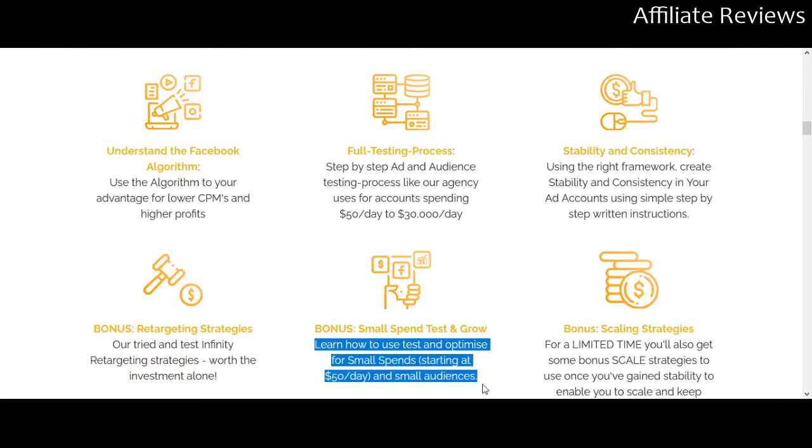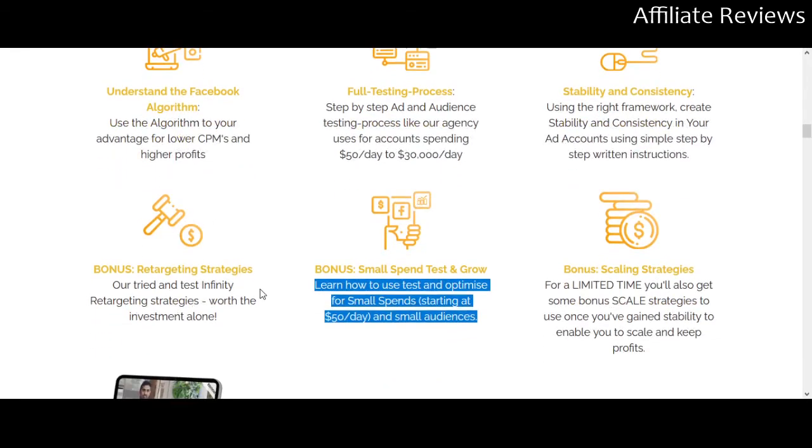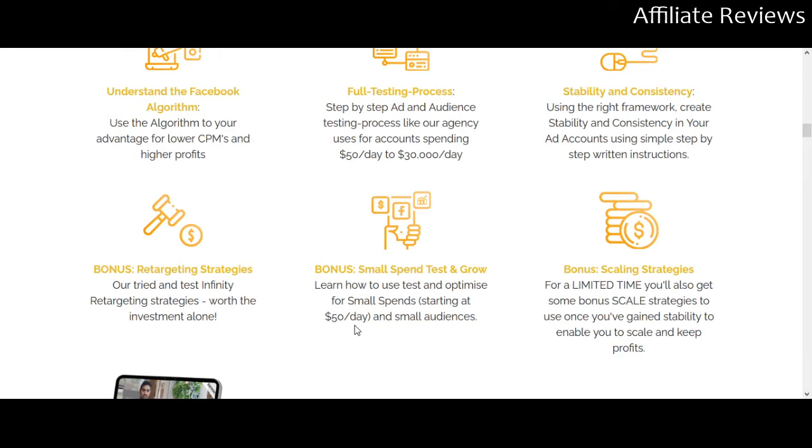I have read through this before, but I didn't memorize all of it, and I'm not really following notes. So this is a significantly smaller amount that you can spend and learn from. And scaling strategies. So for a limited time, you'll also get some bonus scale strategies to use once you've gained stability to enable you to scale and keep profits.